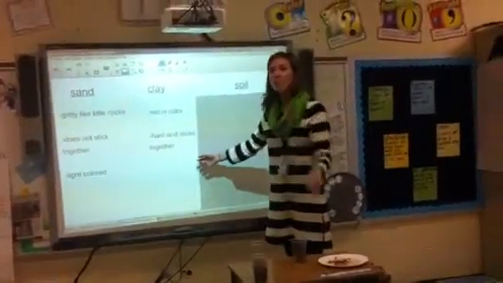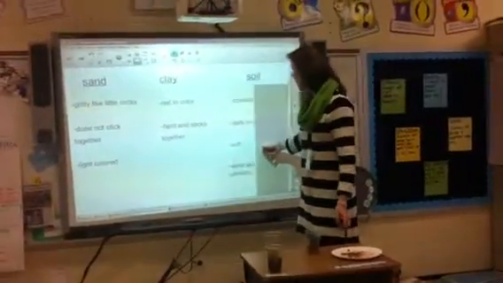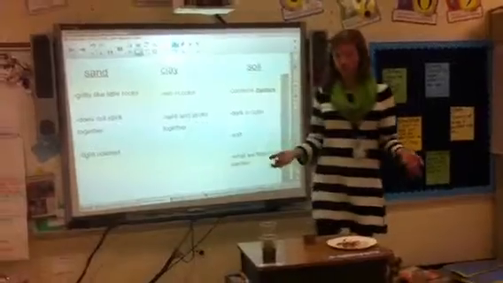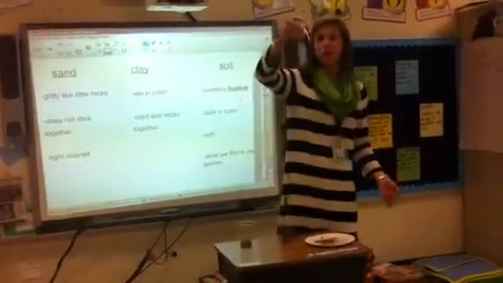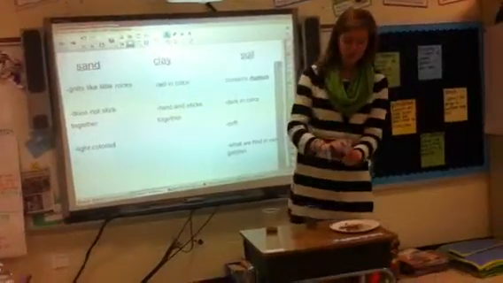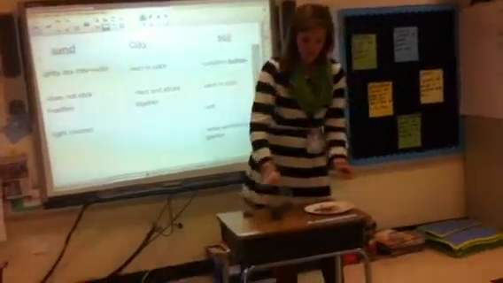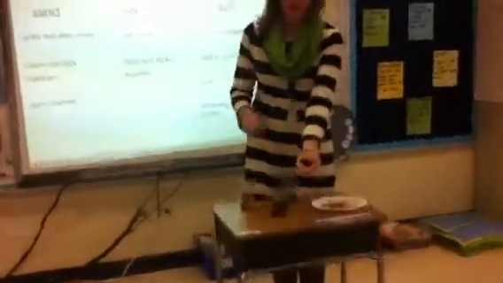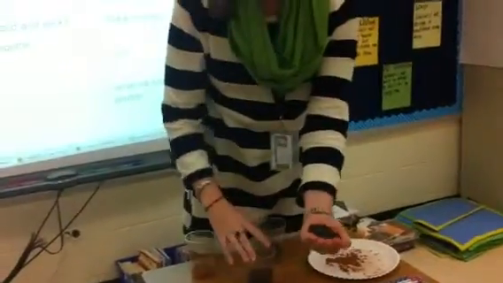But I have one more type today that I'm going to talk about. And this is the soil that we have in our garden. So right here, this is what I have. It's darker in color, and it's a mixture. So this is what we have in our garden plots.